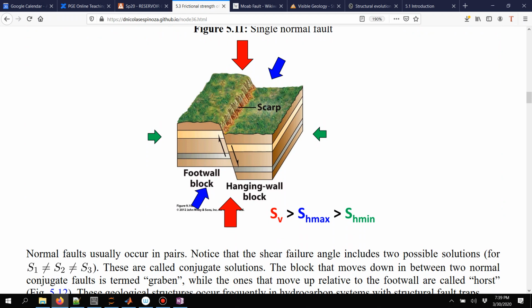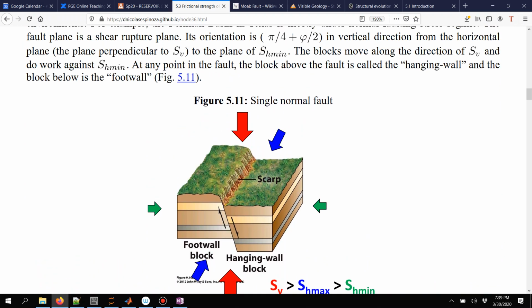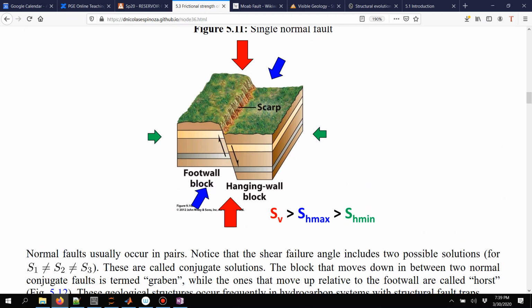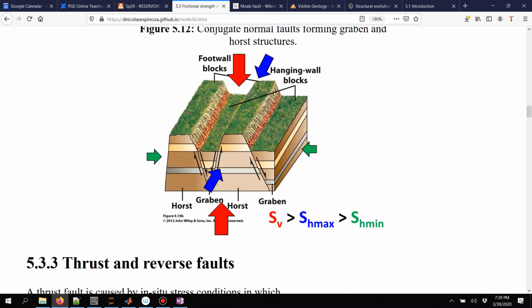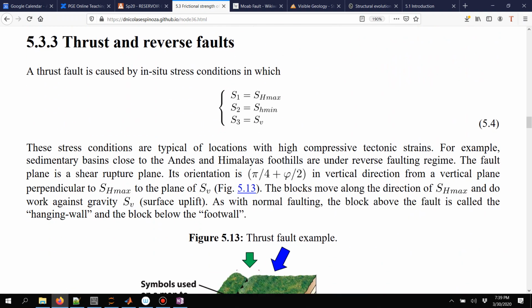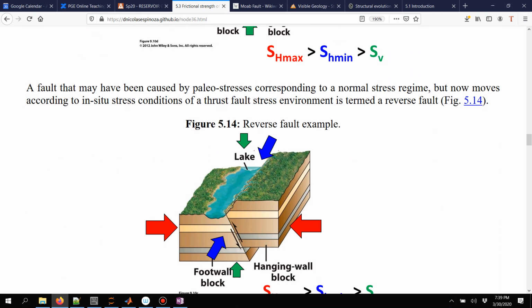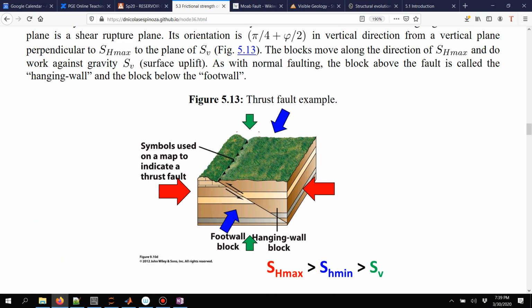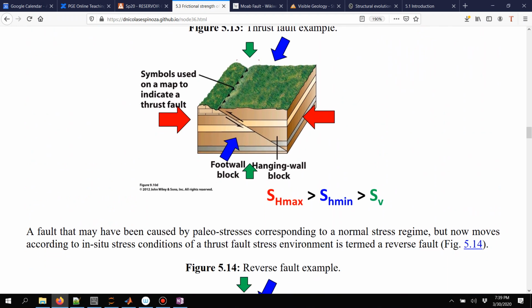For now, let me just go over the different types of faults that you will observe according to the stress regime. So in normal faulting, again, a fault is going to be created by a combination of a vertical stress and a horizontal stress.